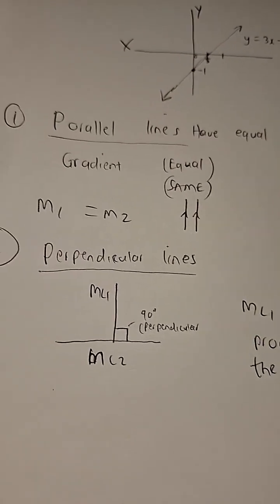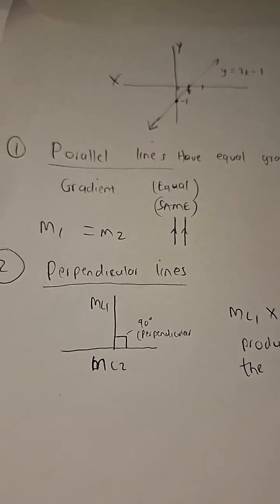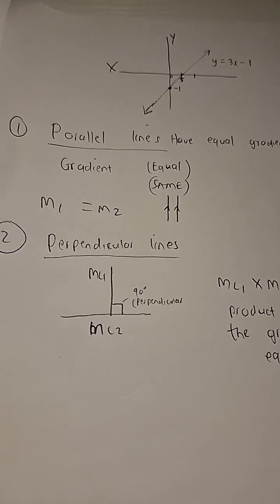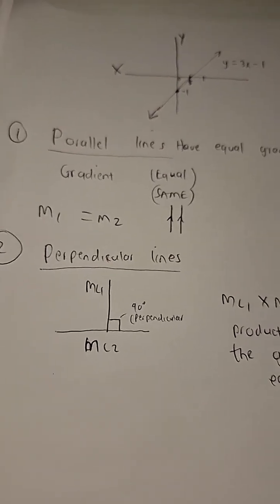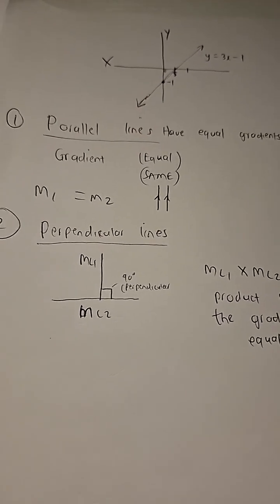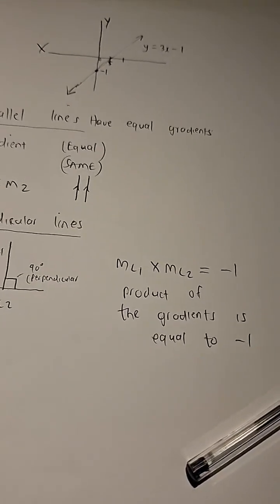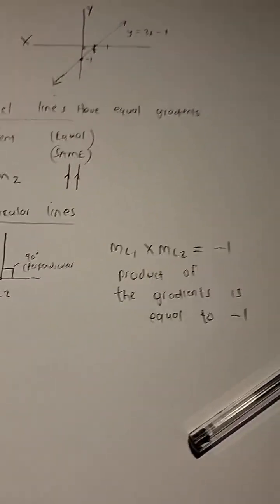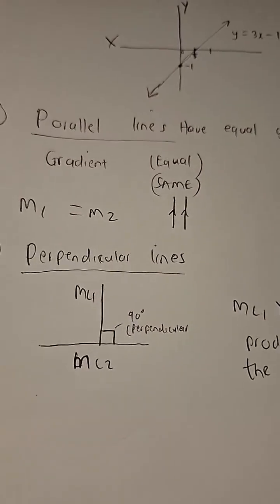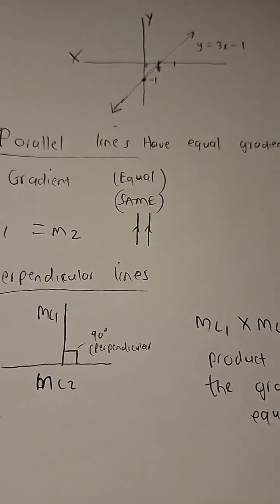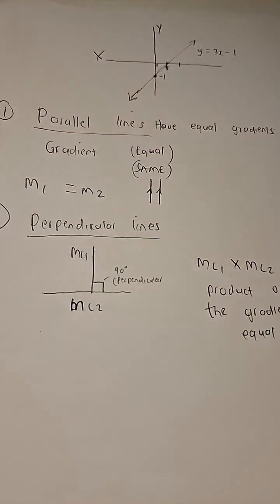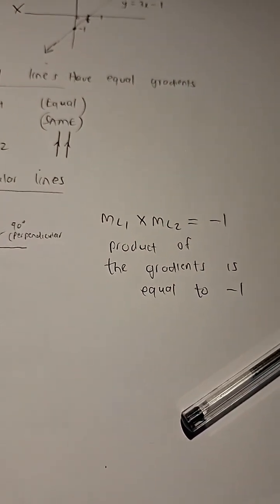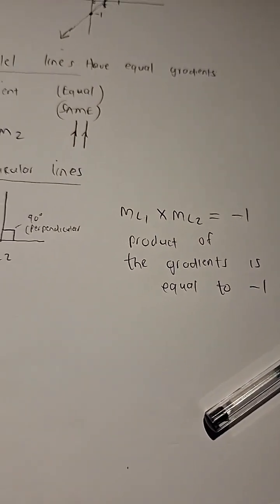So you need to remember that parallel lines have equal gradients, but for perpendicular lines, the product of the gradients is equal to -1.